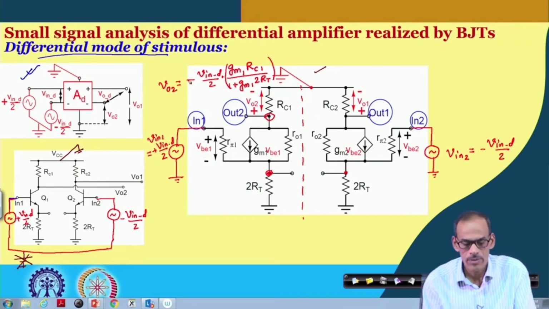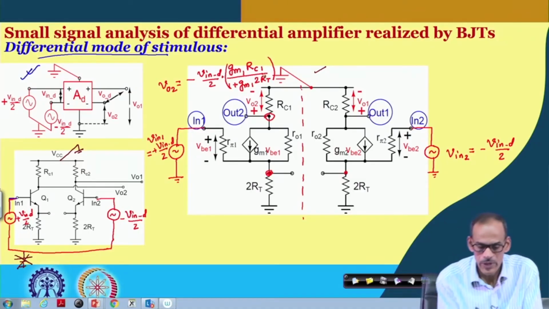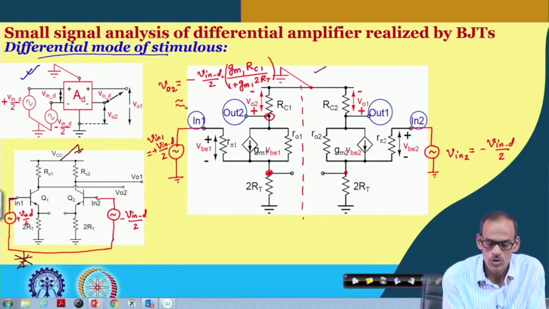So, it has a minus sign, and then we have this gain. In fact, we can drop this 1, and we can approximate this as V in D by 2 into RC1 divided by 2RT.